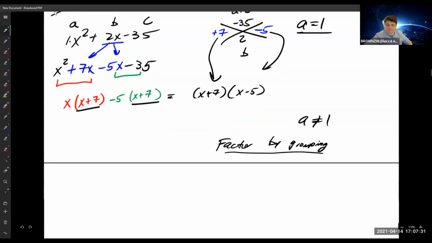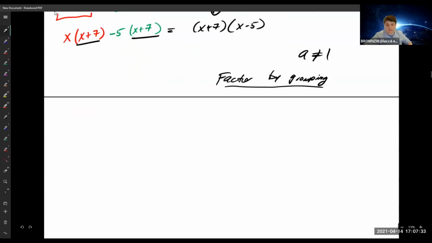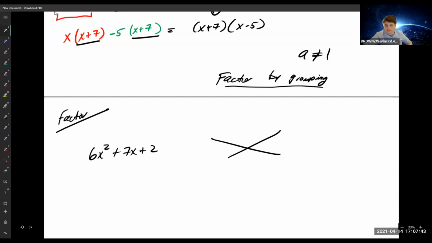All right. So let's do this once again. The prompt is going to be to factor. So remember, we have an A term, a B term, and a C term.